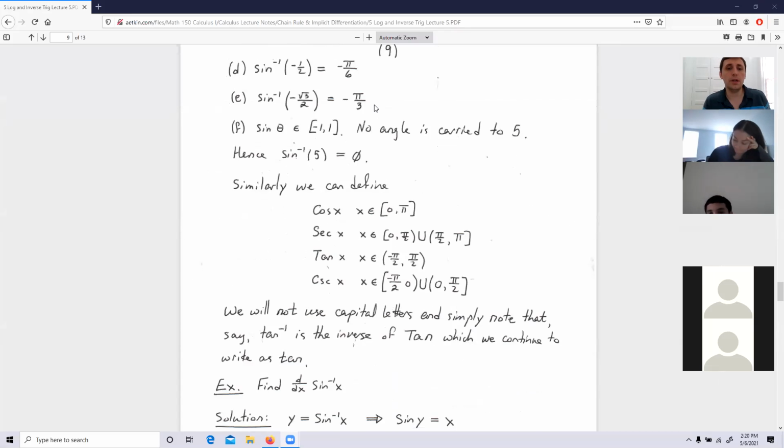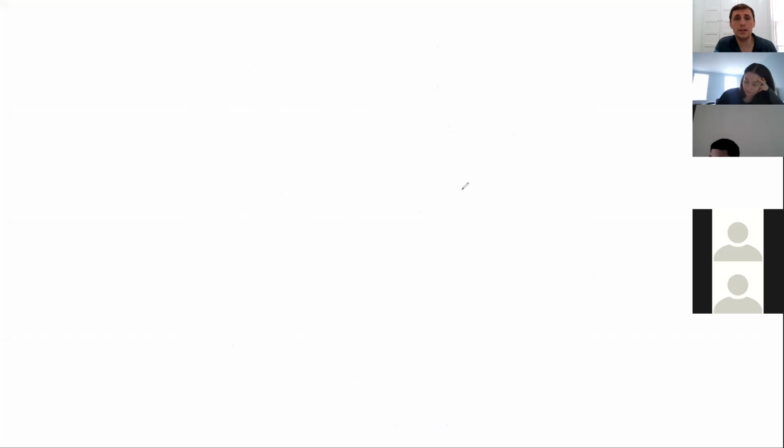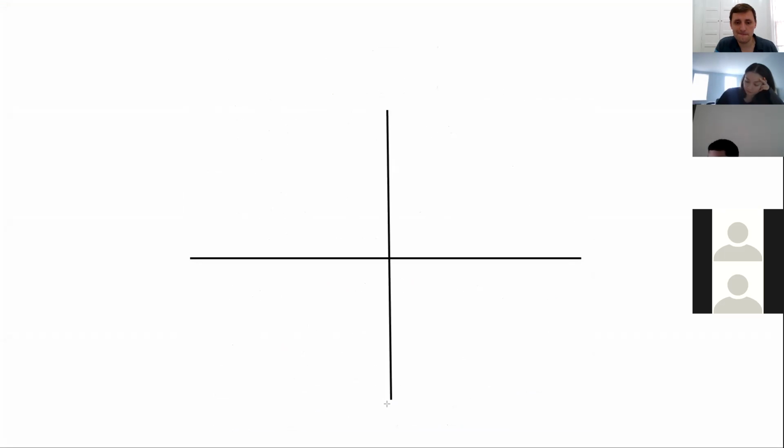Here are, by the way, the domains of definition for cosine, secant, tangent, and cosecant. Those are the common domains. As I mentioned, guys, you have a lot of branches of the inverse function. So for instance, if I were to draw the full sine curve, something like this, right?